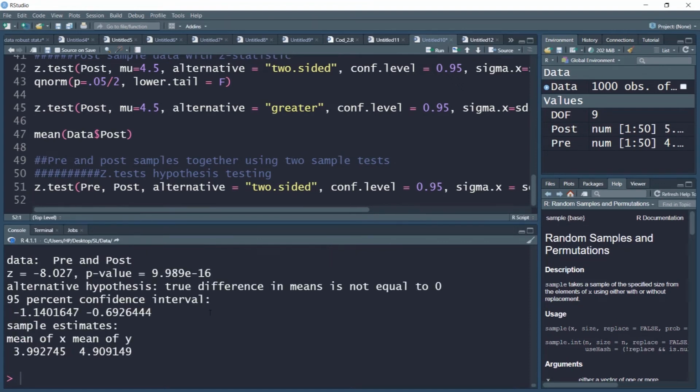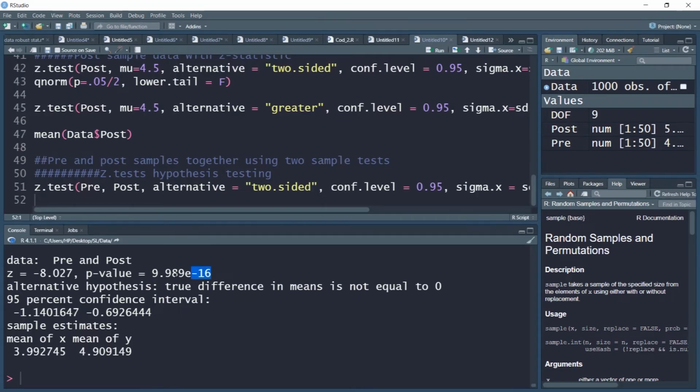So now that we have supplied the relevant arguments, let us try to see what we can infer about this z statistic. We'll focus on the p-value and z statistic here. Notice this p-value clearly indicates that there is a significant difference pre and post. Notice the mean of pre is 3.99, the mean of post is 4.90, and for their difference, the confidence interval is minus 1.14 to minus 0.69. Zero does not lie in this interval.